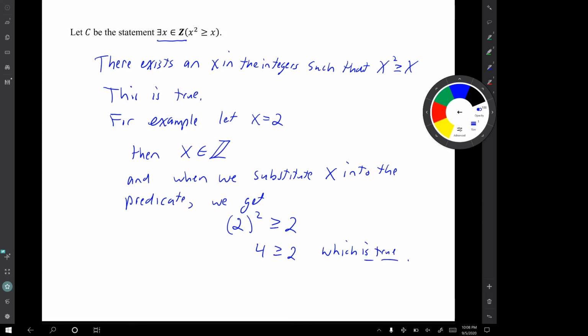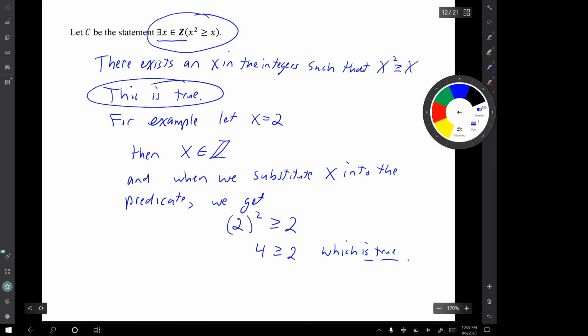So this existential statement says there's at least one x in the integers that makes that predicate true, and that's definitely true. So this quantified statement up there is a true statement. We demonstrate why we know that's true by giving an example, because this statement says there's at least one, so we just gave an example of one.